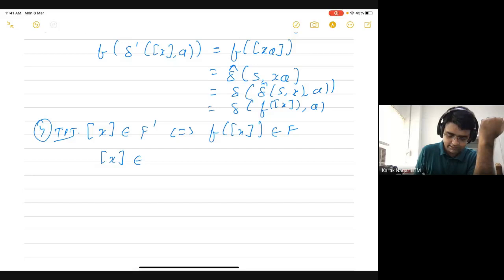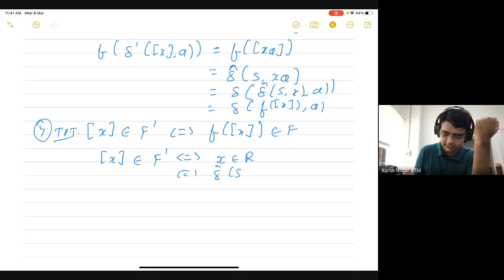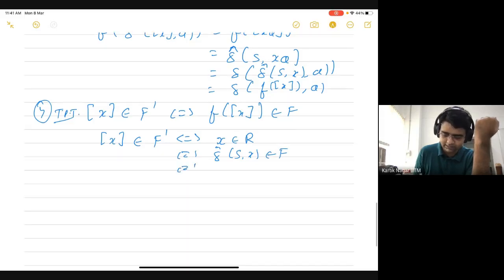Let's say that x belongs to F prime. We have seen that this would mean that x should belong to R, which in turn means that delta hat of s comma x should belong to F. But delta hat of s comma x is the same as f of x, so f of x belongs to F.